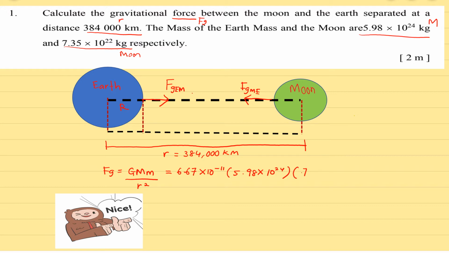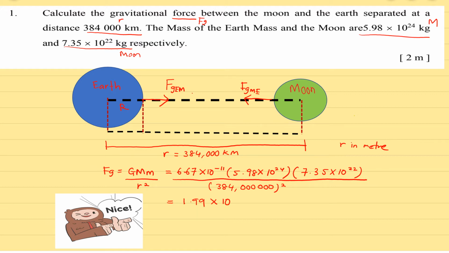Mass moon 7.35 times 10 to the power of 22. Divided by R, R measured in meter, squared. Okay, R in meter. So the answer equal to 1.99 times 10 to the power of 20 Newton.